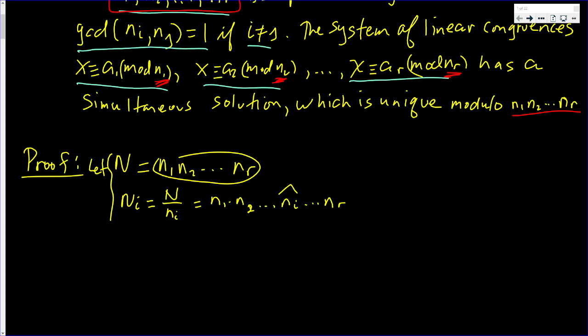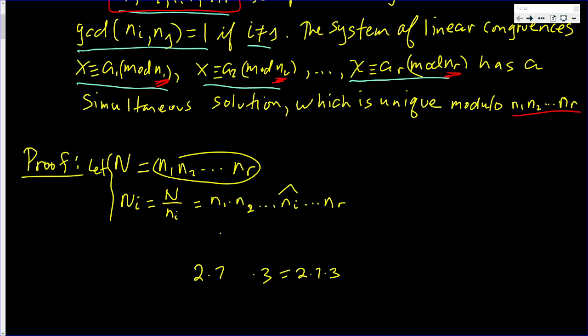When you have a product and you put a hat over one of the factors, that means that factor is not there. So for example, if you had 2 times 7 times 9 times 3 with a hat over the 9, it just means 2 times 7 times 3. They don't want you to include the 9. Of course, if I didn't want to include the 9, I would just write 2 times 7 times 3.